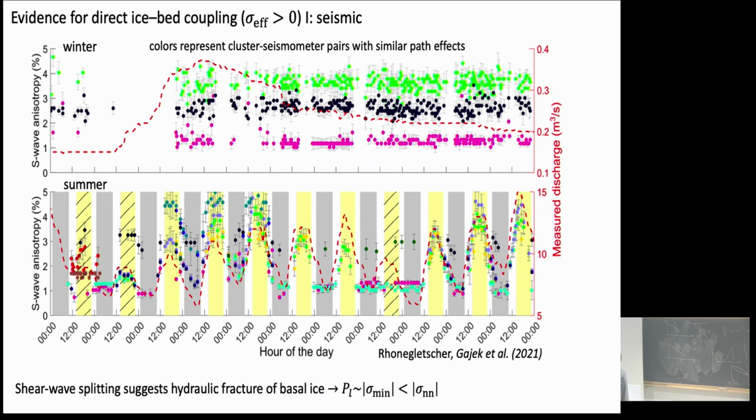And this is a 2-week period in the wintertime on Rhone Glacier in Switzerland. And what they would say is that the anisotropy that they're measuring along the flow path is the same for each of these 3 families of earthquakes in the wintertime, no matter when you're looking. Basically it looks the same. The other line that's plotted up here is the river discharge coming out of Rhone Glacier.